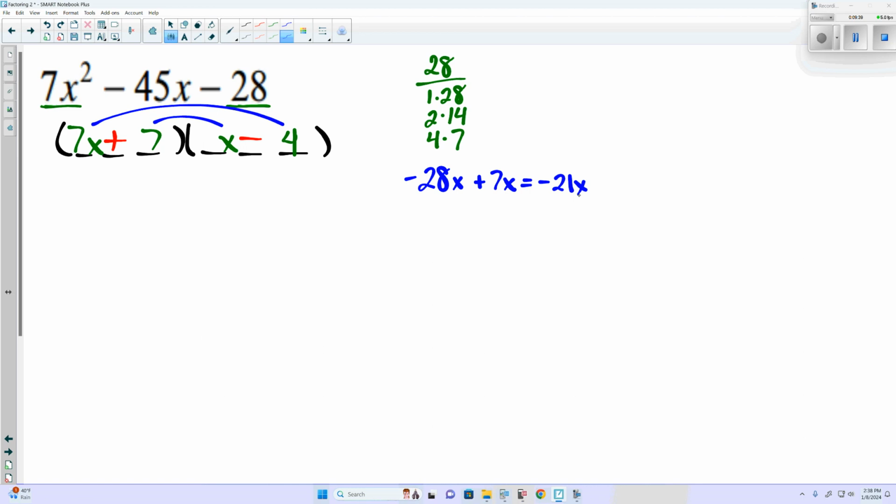So we can flip it, and we'll flip it in a minute, the 4 and 7. Now, if we look at the first set of parentheses, is there a greatest common factor between 7x and 7? So as it's written here, the first set of parentheses is 7x plus 7, yes? Is there a greatest common factor between those two? Yes, because there is a greatest common factor of 7, we could factor it out, yes?